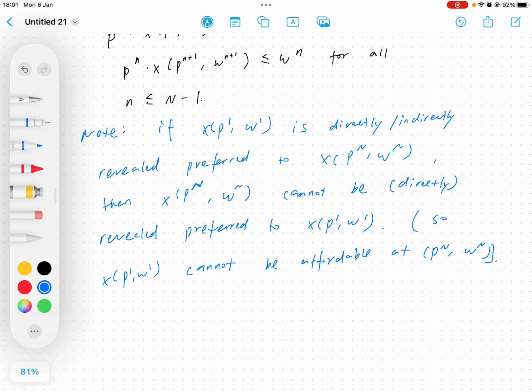All right, so that's the definition and the intuition for this SARP.